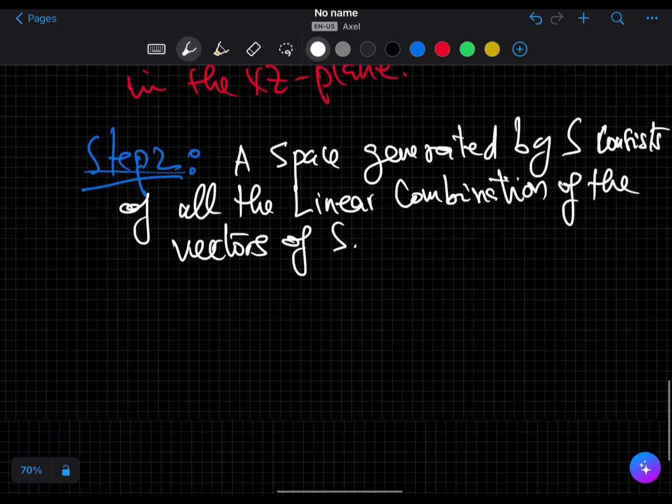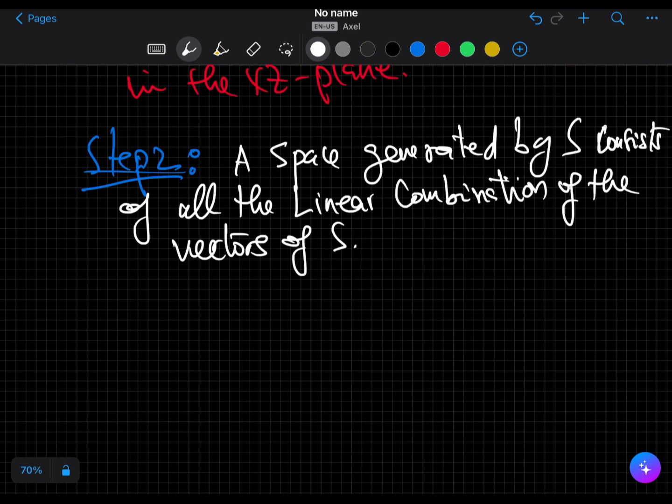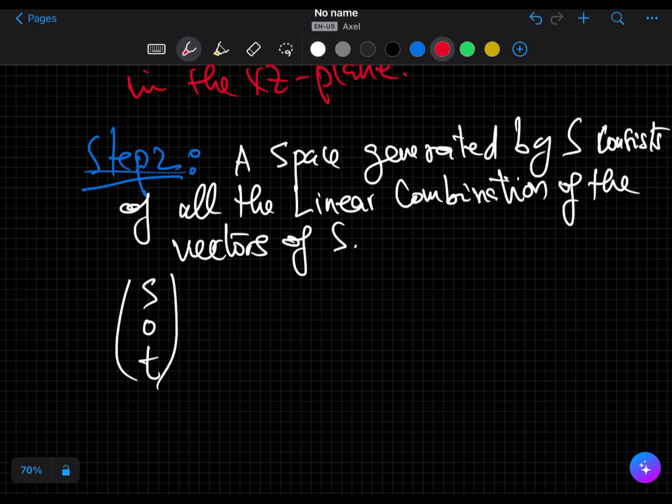right? So it means that we need to find an arbitrary vector, written as (s, 0, t). Remember, the coordinate on y should be 0. That's why we write it this way.